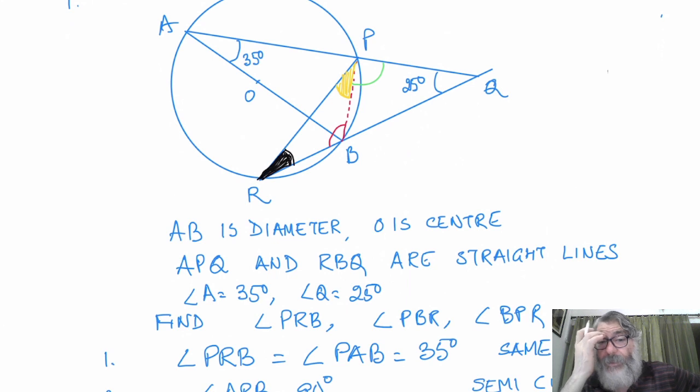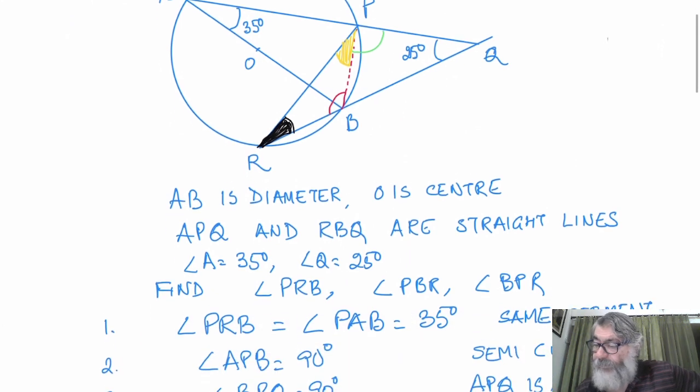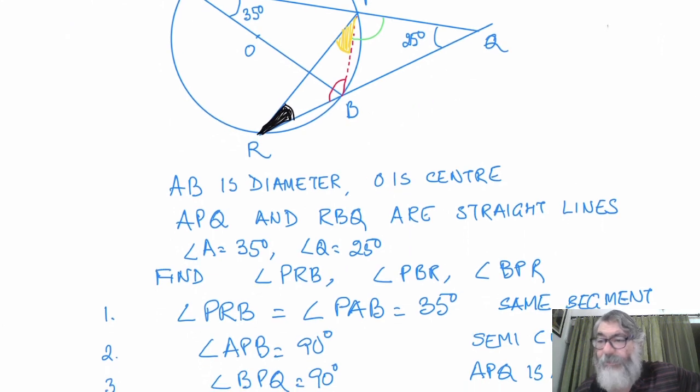Now, in the triangle BPR, you know two angles. What are those two angles? We know this angle is 35, and this angle is 115. Angle PRB we have calculated already as 35 using the property of same segment.